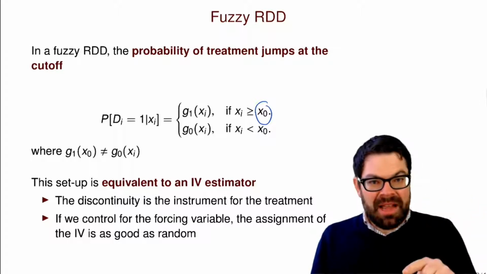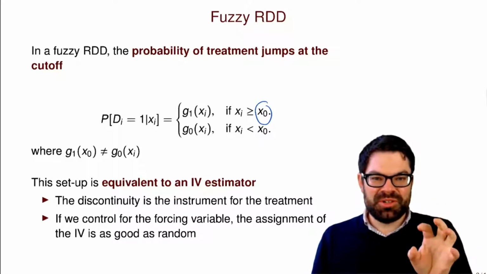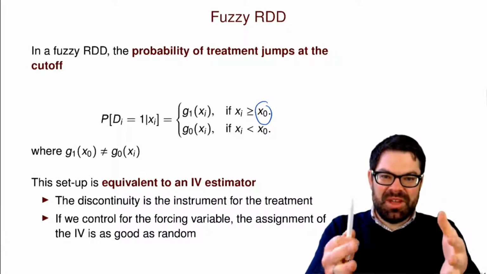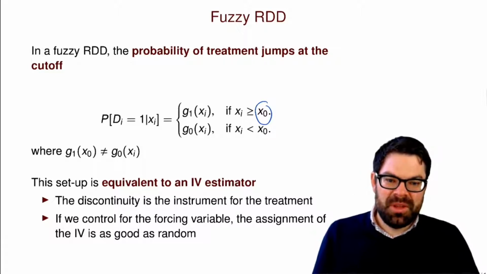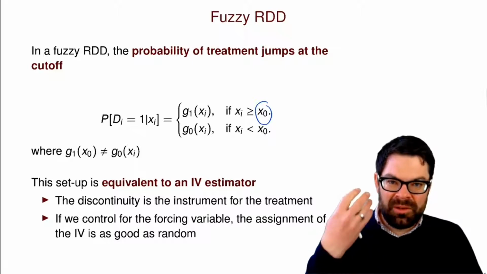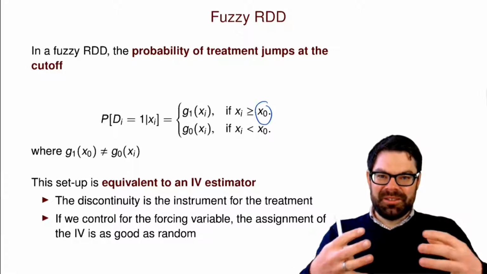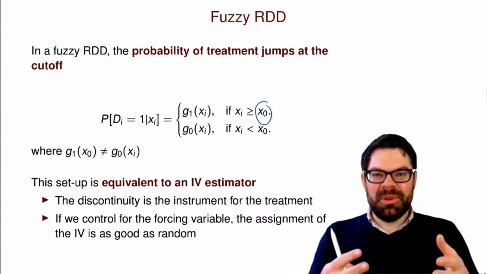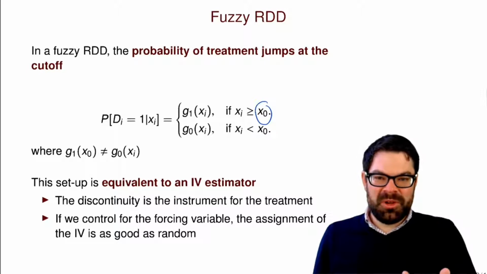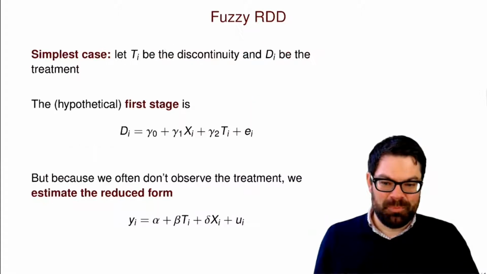Neither do we exactly know who the compliers are here, but we can narrow down the population that has been encouraged to take the treatment to very close to that discontinuity. So technically it is an IV estimator, but we can learn a lot more about the treatment effect, because we know very much what the local in the local average treatment effect actually refers to.